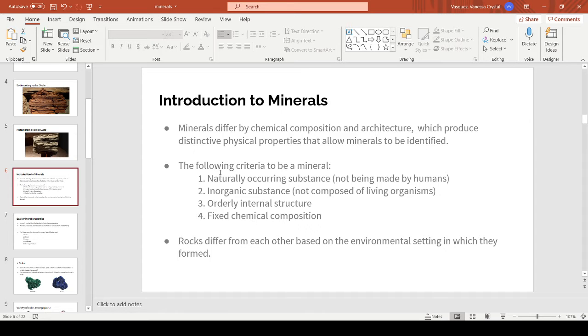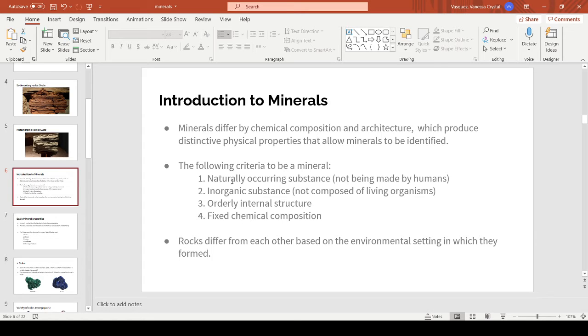So the following criteria are needed to be a mineral. It needs to be a naturally occurring substance, not made by humans, an inorganic substance, not composed of living organisms, with an orderly internal structure and a fixed chemical composition.